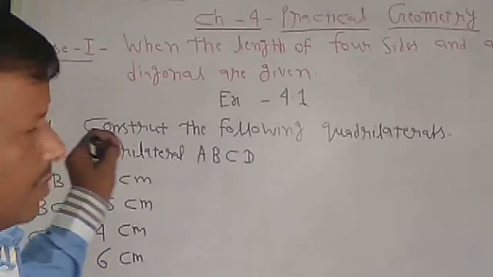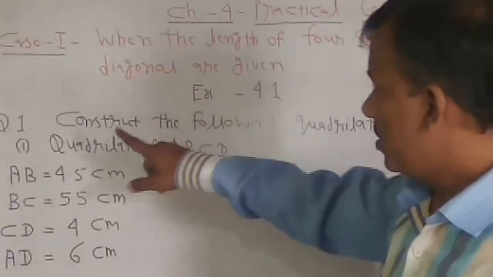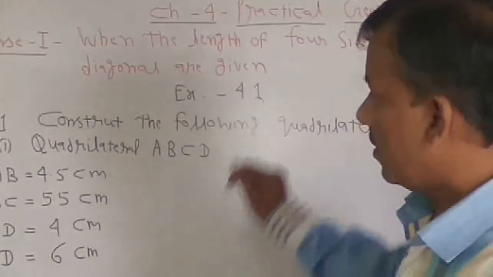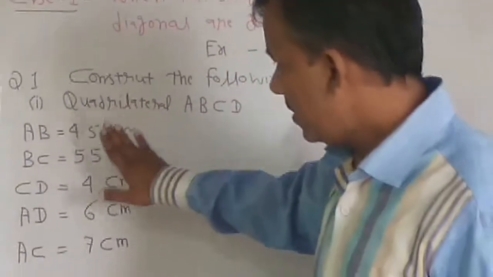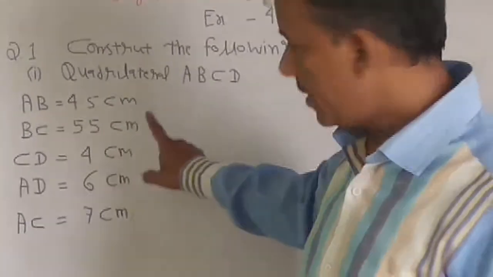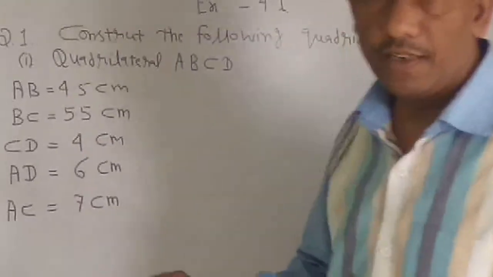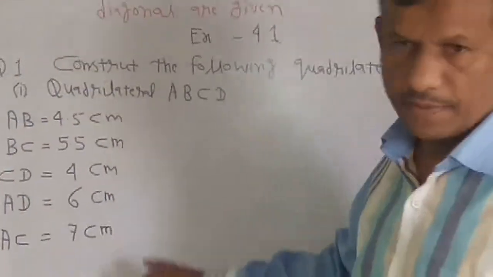Now we are going to understand the case number 1 with the help of question number 1 of exercise 4.1. In this exercise, the measurements are given like this: AB equal to 4.5 cm, BC equal to 5.5 cm, CD equal to 4 cm, AD equal to 6 cm and AC equal to 7 cm.